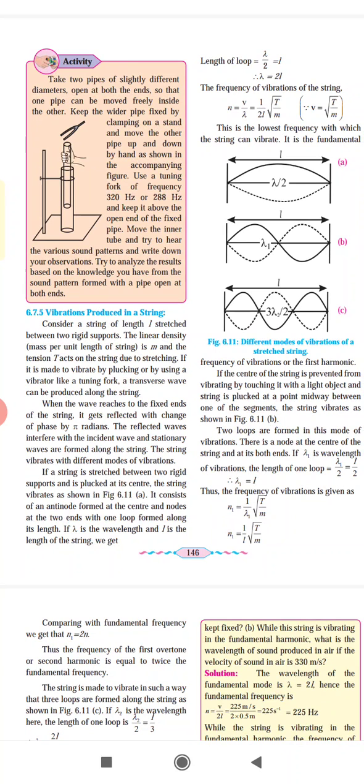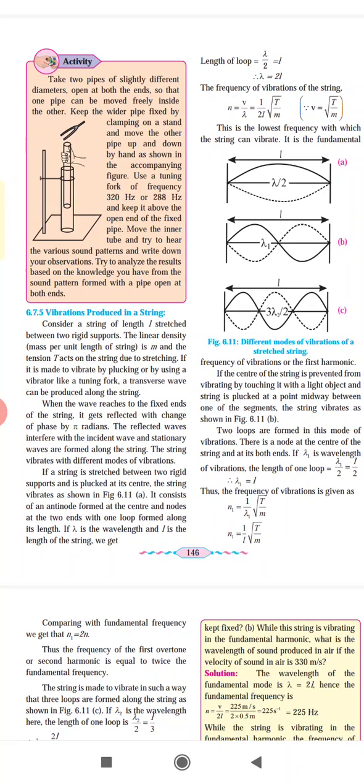If it is made to vibrate by plucking or by using a vibrator like a tuning fork, a transverse wave can be produced along the string. When the wave reaches the fixed ends of the string, it gets reflected with a change of phase by pi radians. The reflected wave interferes with the incident wave and stationary waves are formed along the string. The string vibrates with different modes of vibration.